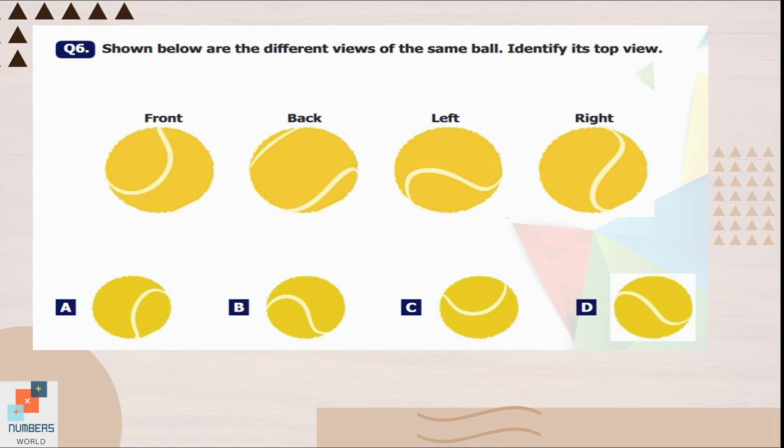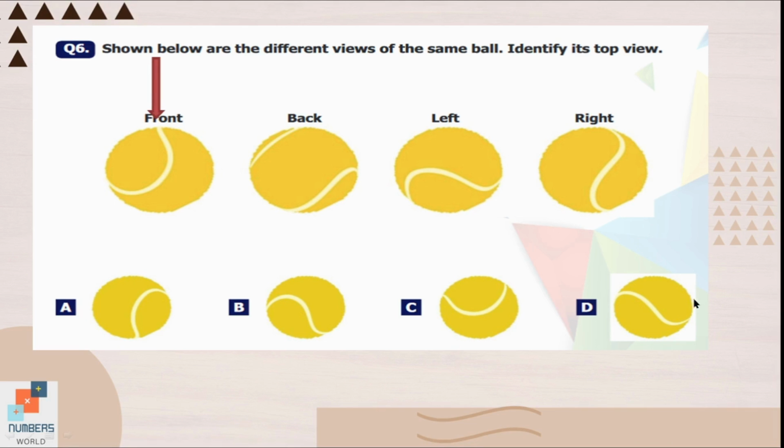Question number 6. Shown below are the different views of the same ball. Identify its top view. So here we are going to consider the front view of the ball to find out the top view. We can clearly see the white line in the front view is ending around the center of the ball. So it's quite obvious that in the top view, the white line will start around the center of the ball.